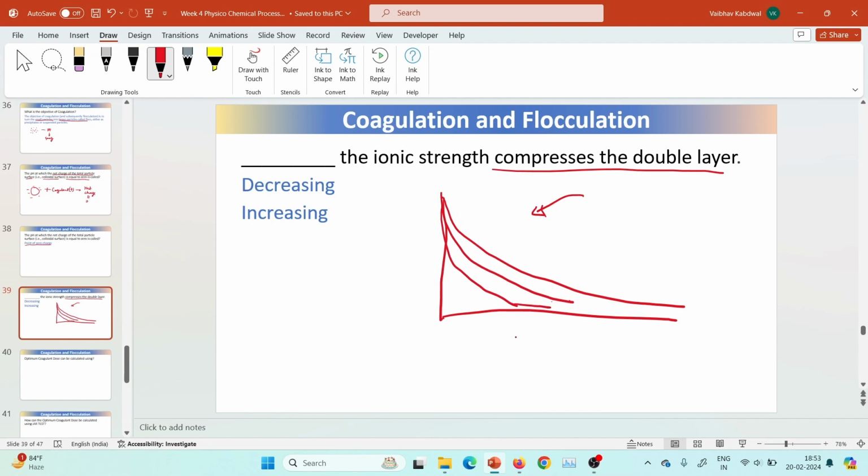Here is the distance, and this is the potential. So if you increase the ionic strength, it compresses the double layer.